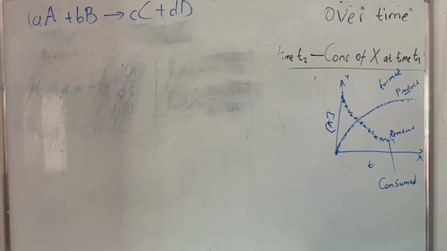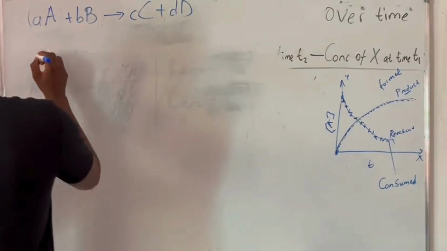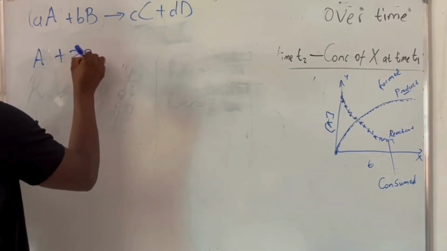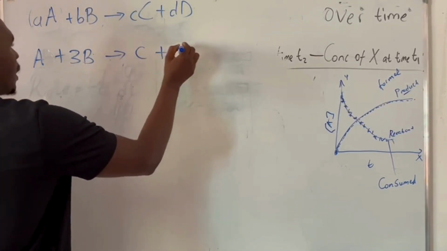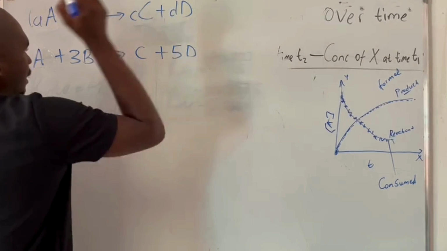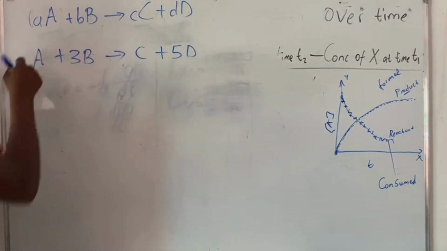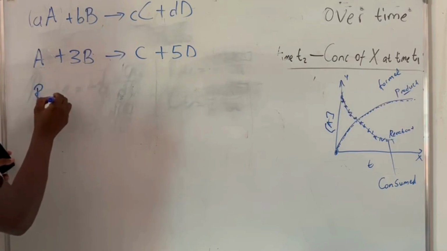Let's say we have the equation that looks like A plus 3B to give us C plus 5D. Let's look at it in this manner. So what will be the rate? Obviously, as far as A is concerned, you can pause the video and work it out.